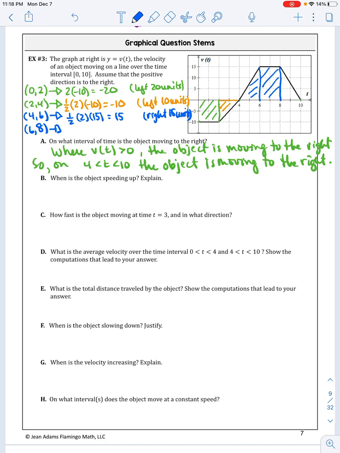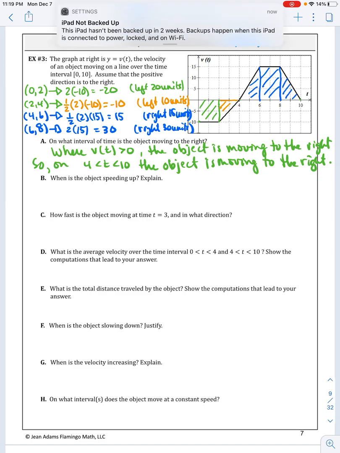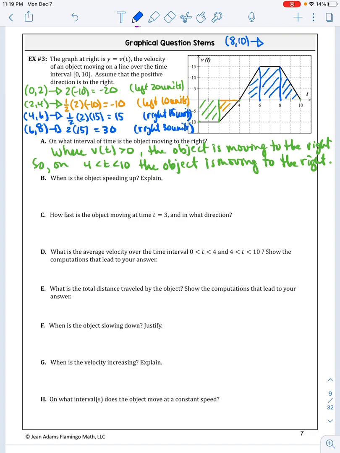It is 2 by 15. So that's 30, which is right 30 units because it's positive. And then I'm going to put the last one up here, 8 to 10. It is a triangle, base of 2. So 1/2 times 2 times 15. So that's a positive 15, and again, right 15 units.